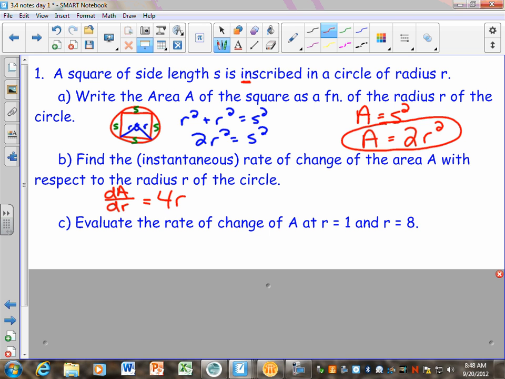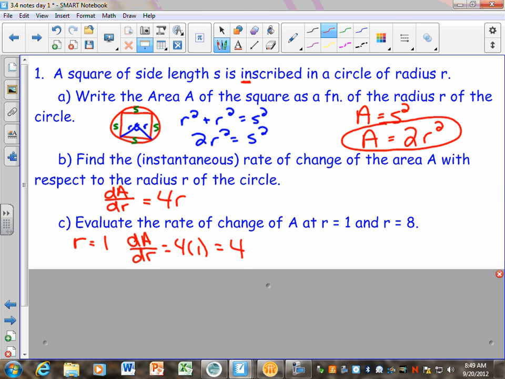So now that we found the rate of change for the area with respect to the radius, it says evaluate the rate of change of A when r equals 1 and r equals 8. Yeah, you just plug it in. So when r equals 1, the rate of change of the area, dA over dr, is just going to be 4 times 1, which would just be 4.